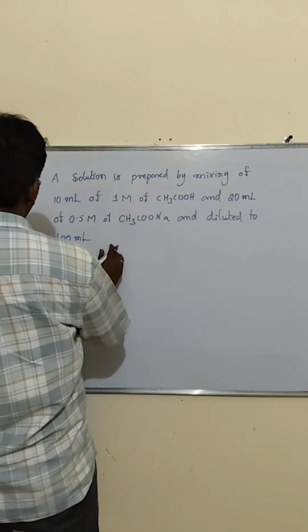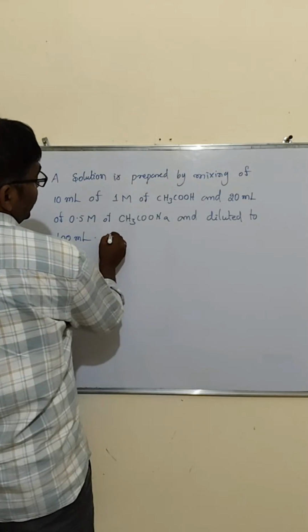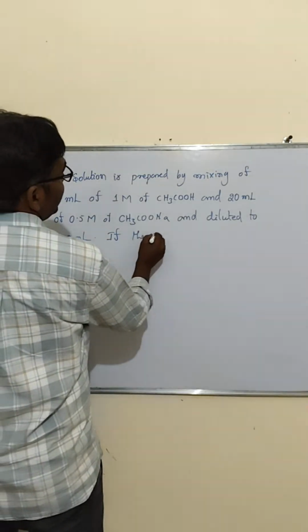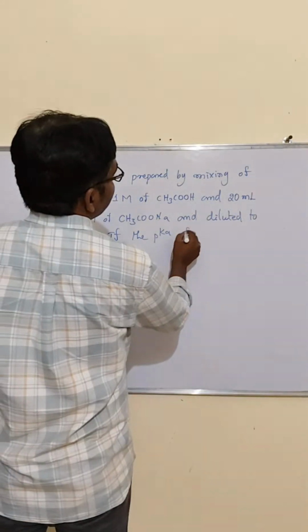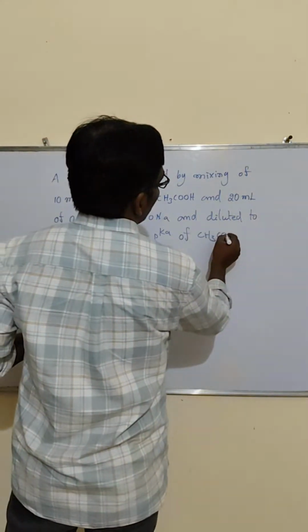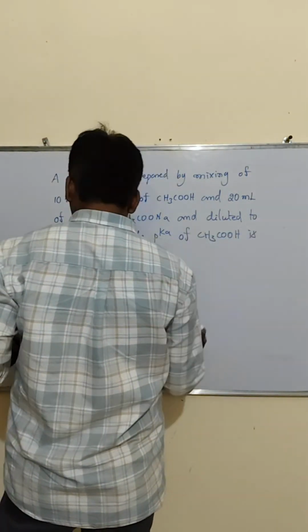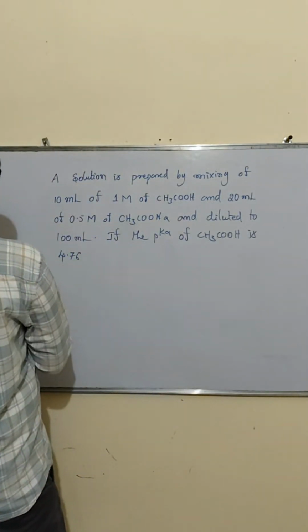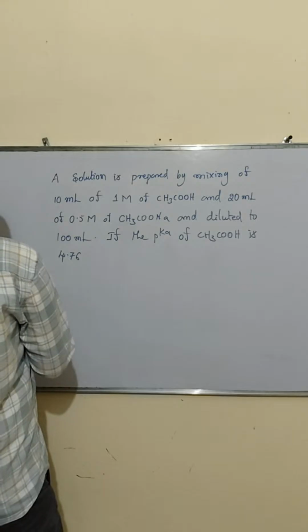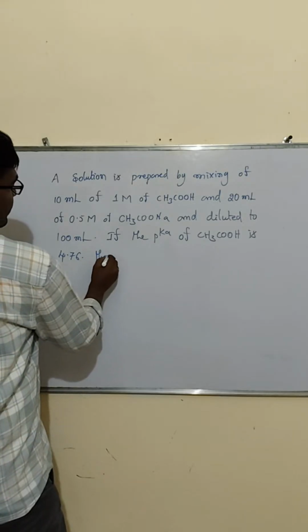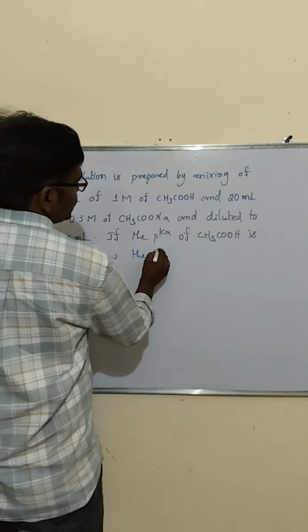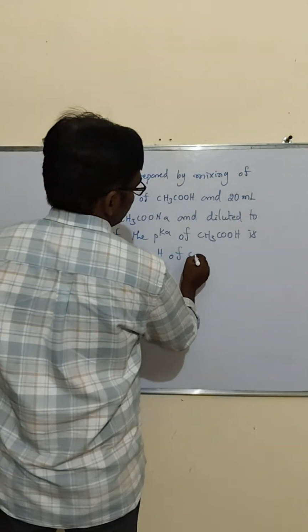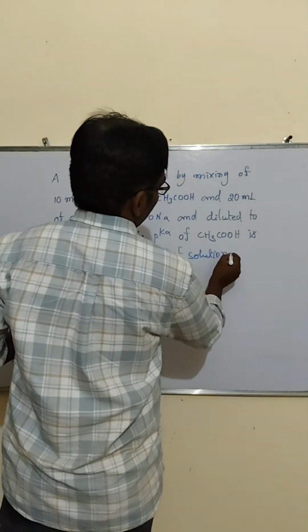If the pKa of CH3COOH is 4.76, then the pH of the solution is. Observe the question carefully, my dear students.